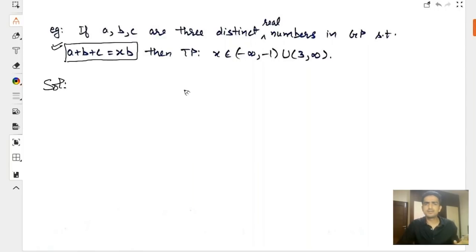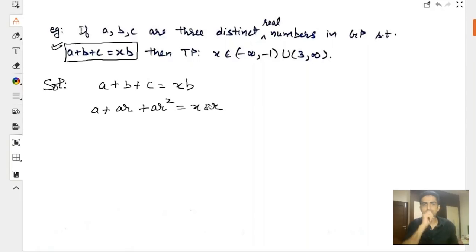The basic utility of GP is that the numbers look like A, AR, AR square and so on. So if A, B, C are in GP, clearly I can write B as AR, C as AR square. So we have this equation.